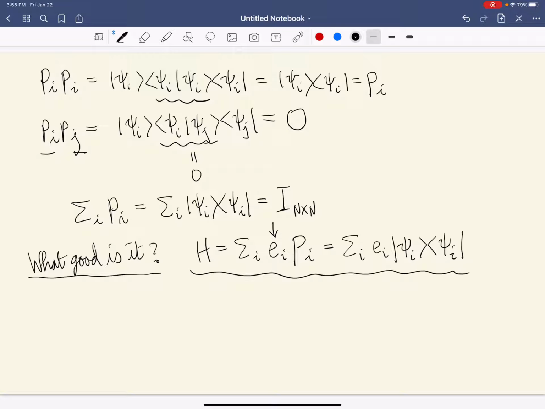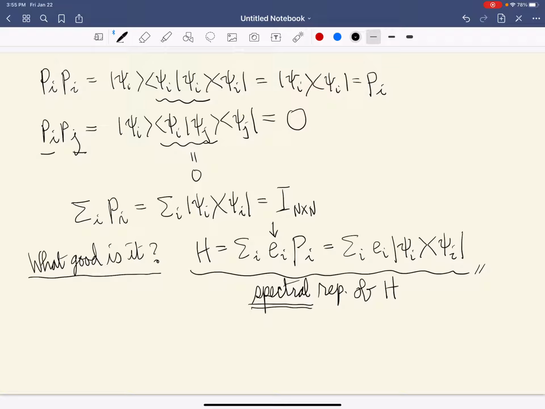Such a representation is called a spectral representation of the Hamiltonian. Not sure why this word spectral comes into the definition. Perhaps there was a good reason to think that way. But anyway, this is a terminology that's kind of common, and we will also abide by the same notation.